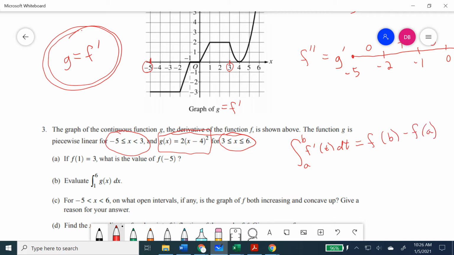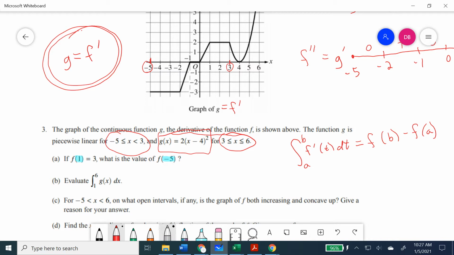So I wanted to put that out there, that I'm using the fundamental theorem of calculus. Now I'm going to look back in part A, and I'm going to see that it told me what f of 1 is equal to. And it wants me to find what f of negative 5 is equal to. The 1 and the negative 5 are x coordinates.